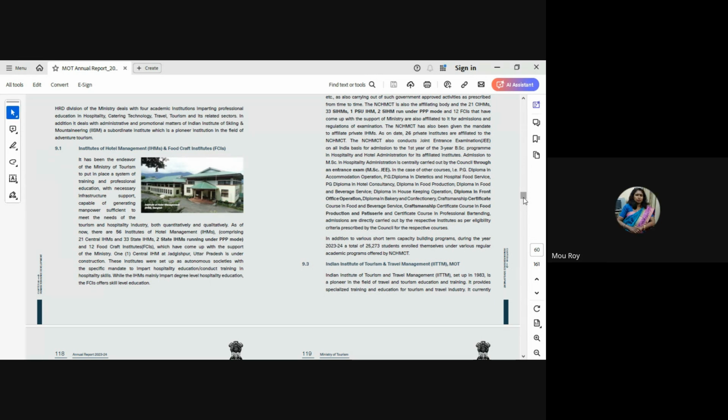But like in the hotels, earlier we had HR departments. The HR department is still there, but now they have divided it.